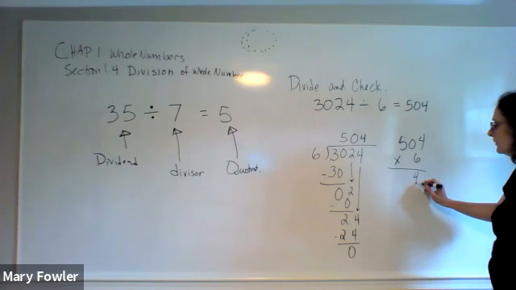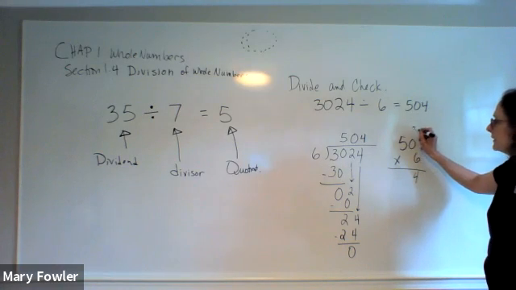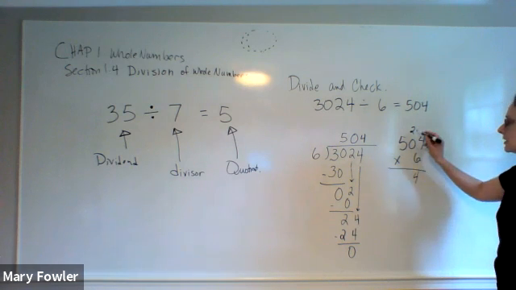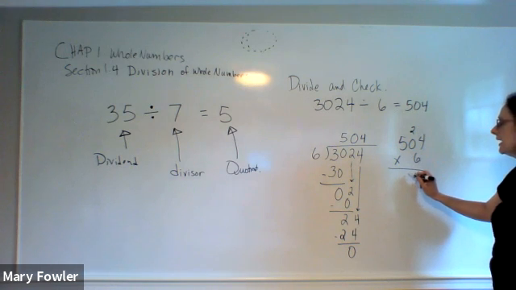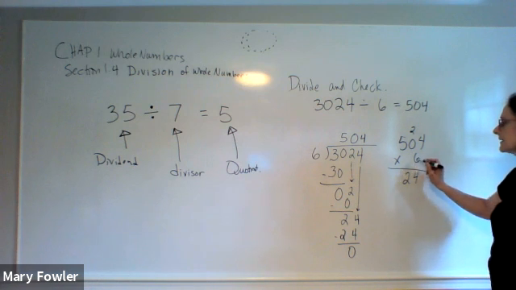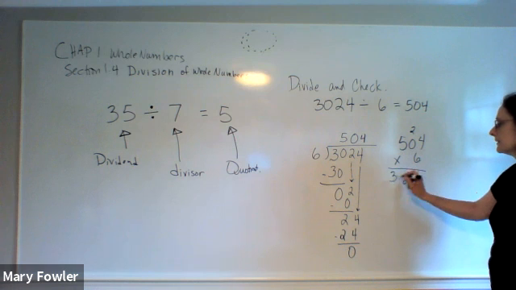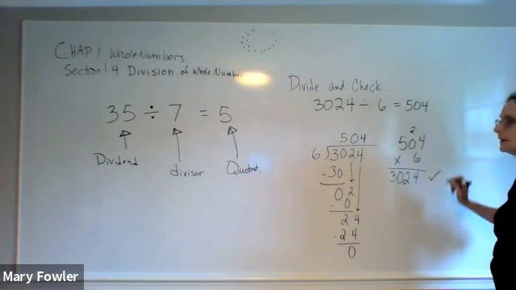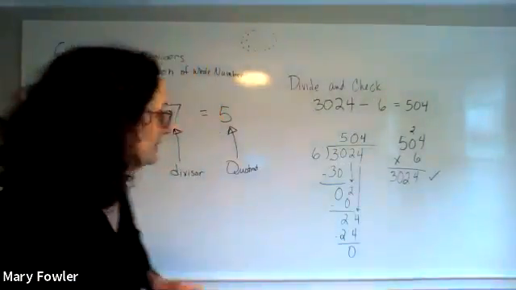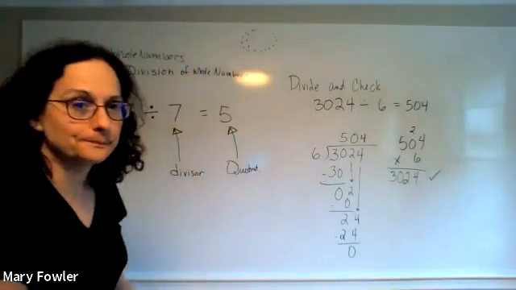So you put down the 1's digit and you carry the 10's digit. 6 times 0 is 0, plus 2 is 2. And 6 times 5 is 30. Okay, so that checks. Great. All right, we'll try another problem.